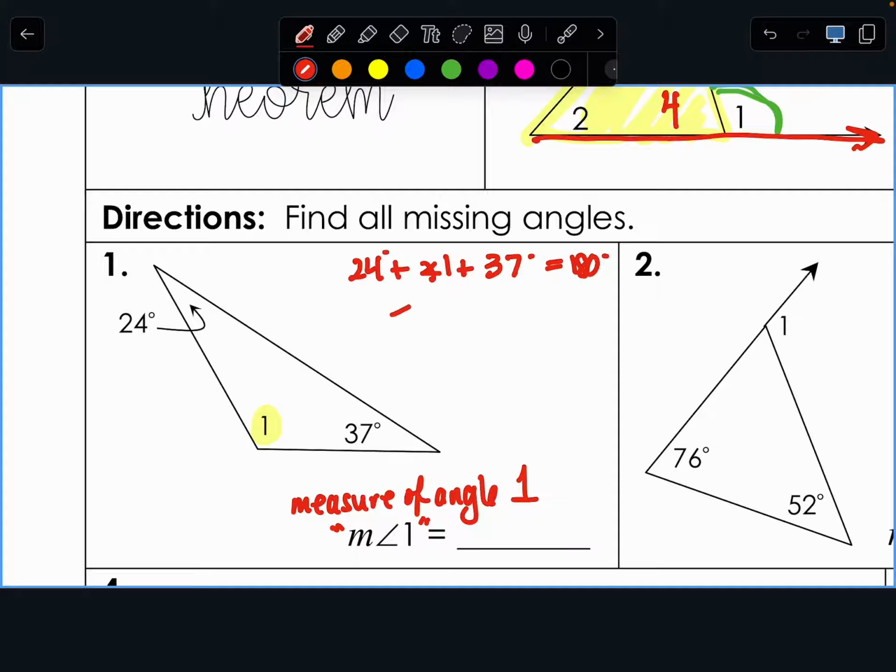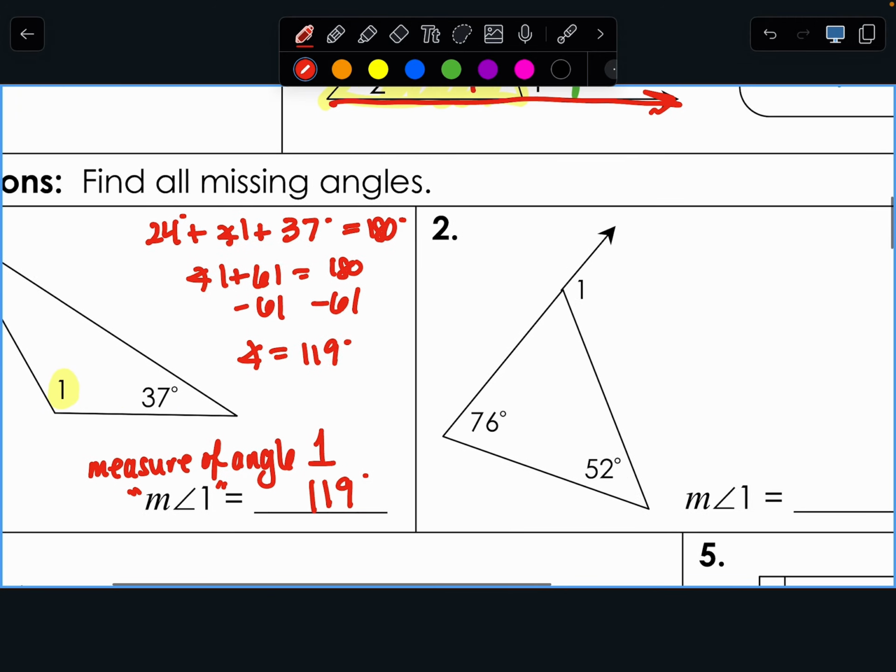So actually, I guess I could do angle 1 plus 50, 64. Is that right? Nope, 61. That's all you're doing. So the angles inside equal 180.